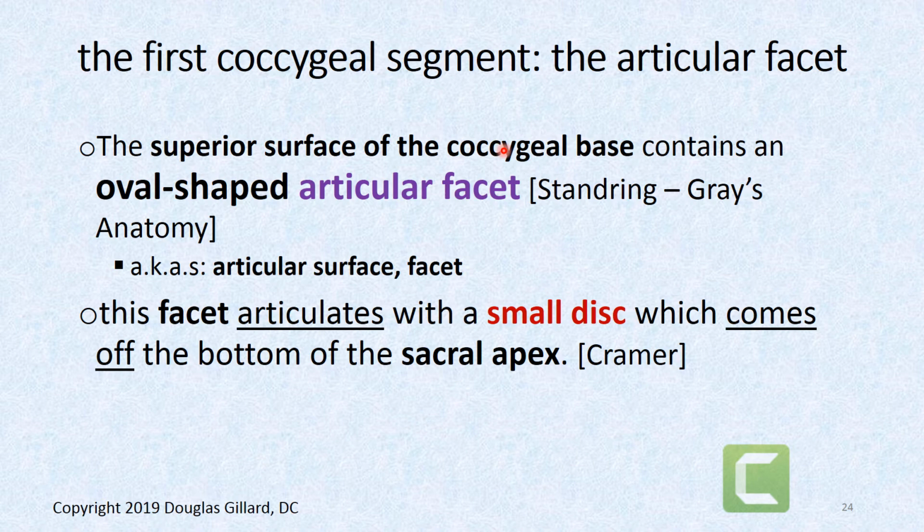So they're pads of fibrocartilage, and they're covered with synovial membrane most of the time, and they're part of a diarthrodial joint. So the facet, on top of it, it has a small disc, which connects to the apex of the sacrum. So just like the intercoccygeal segments, there's a disc between the sacrum and the coccyx as well.